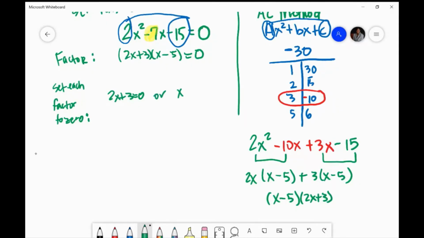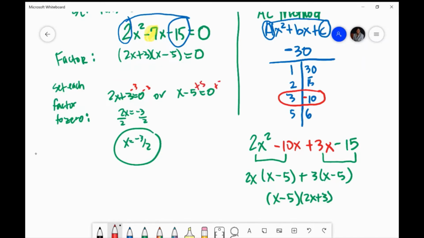Thank you. x minus 5 equals 0. Over here, we're going to subtract 3. 2x equals negative 3, divided by 2. x equals negative 3 halves is one of the solutions, or one of the zeros. All right, and then add 5. x equals 5.